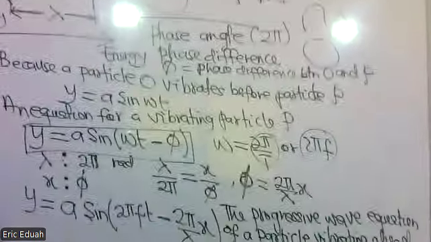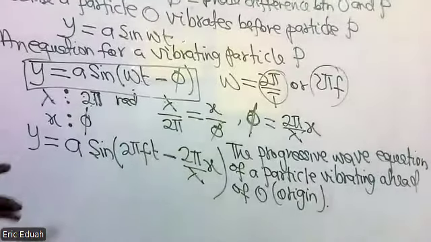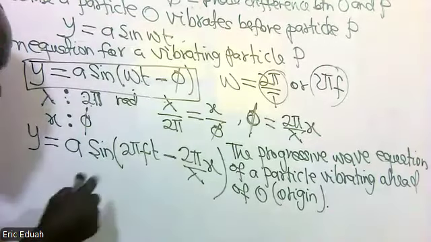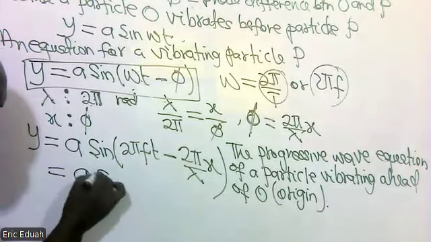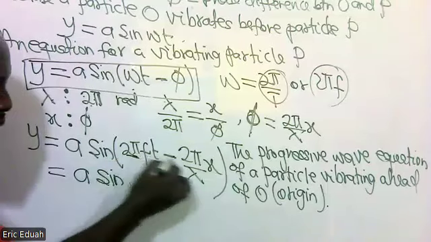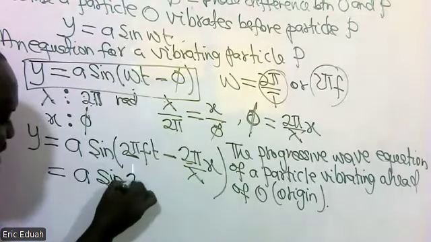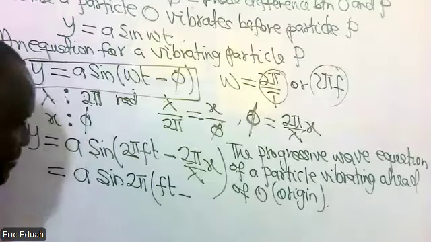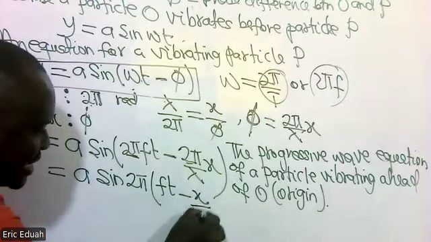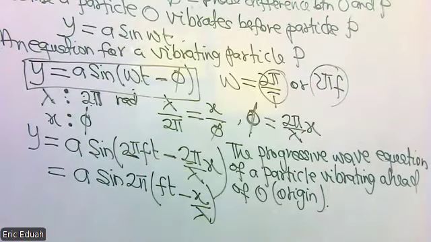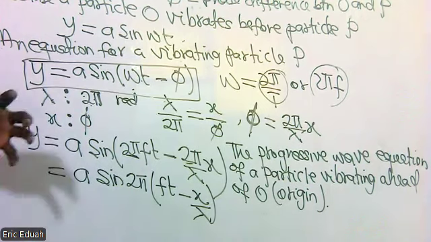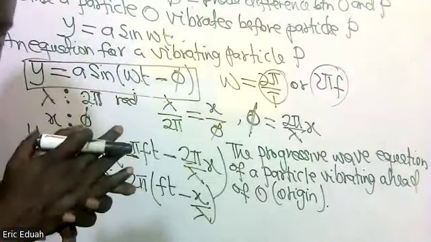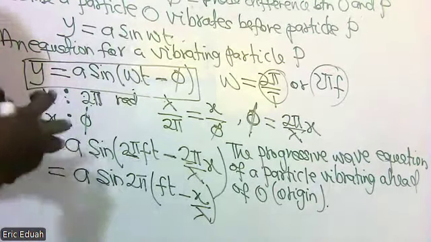All right. So this is the basic progressive wave equation. I can also write this as a sine, you see, 2 pi is common, so I can factorize out 2 pi. So I have f t minus x over lambda. Or if you want to compress the equation, when you write it like this, you are expanding it.